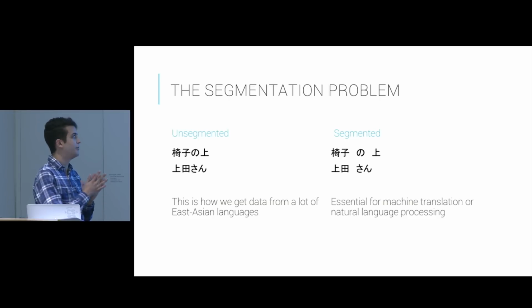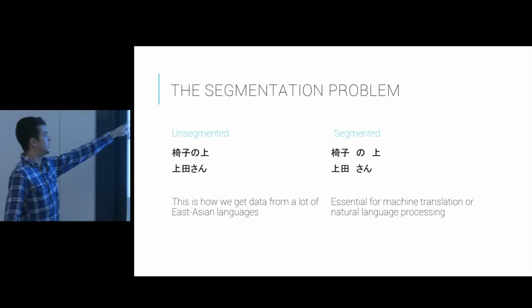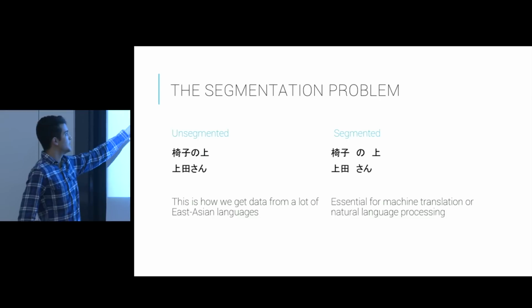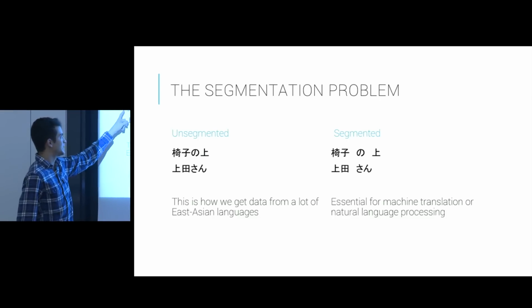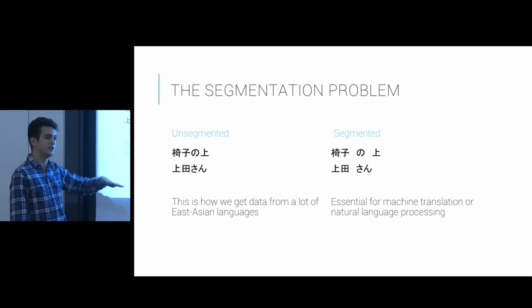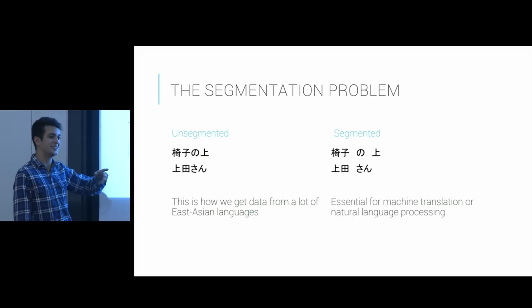But now let's go to more high level stuff. Okay, so the other problems I was talking about, the segmentation problem is the first of them. So you have here Japanese, and then you see that there are no spaces. So this basically means something like the top of the chair, right? I don't know what the kanji is.